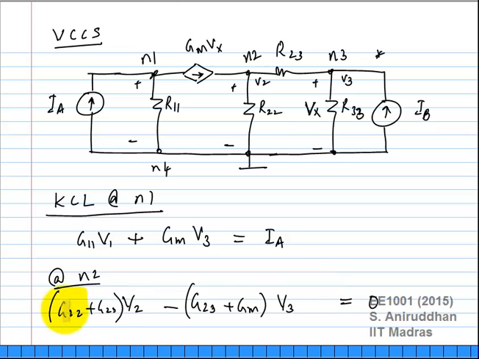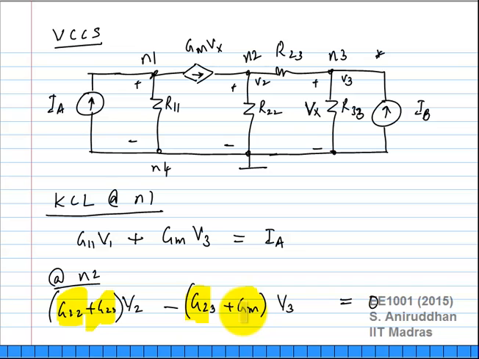And then you also have a current entering the node, which is Gm Vx or Gm V3, and that will give rise to the last term, Gm times V3, which should be equal to the sum of all independent currents entering the node, which is 0 in this case.